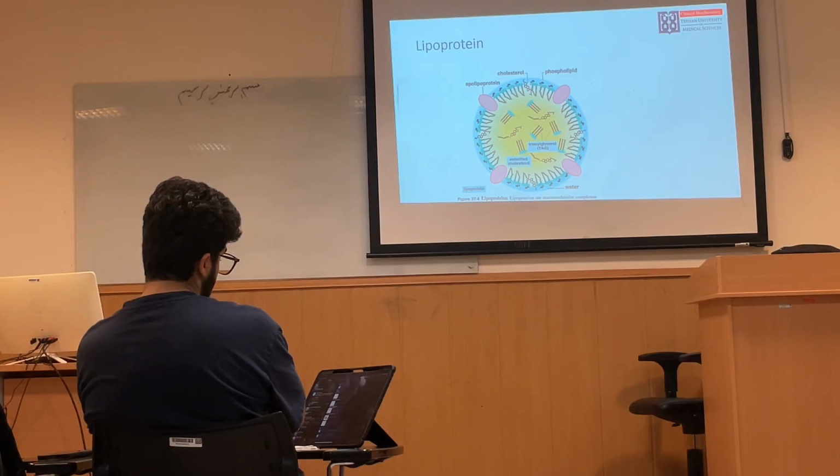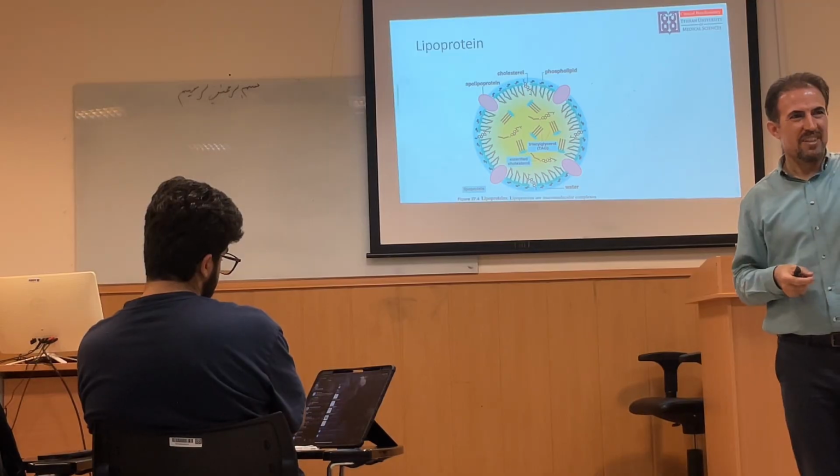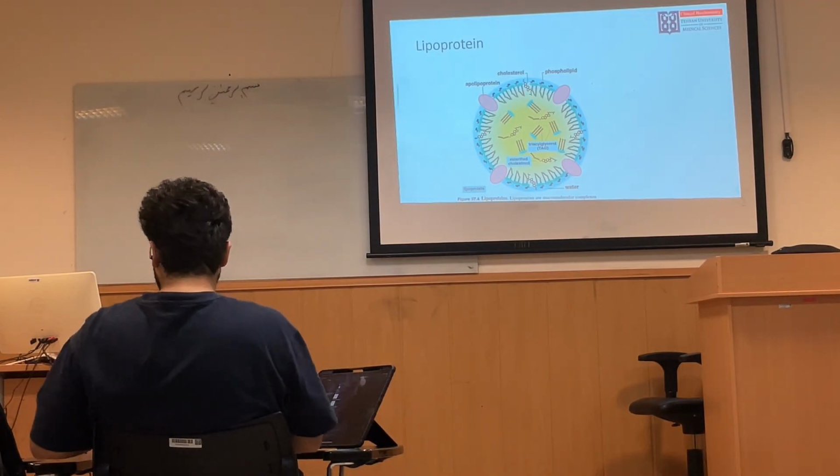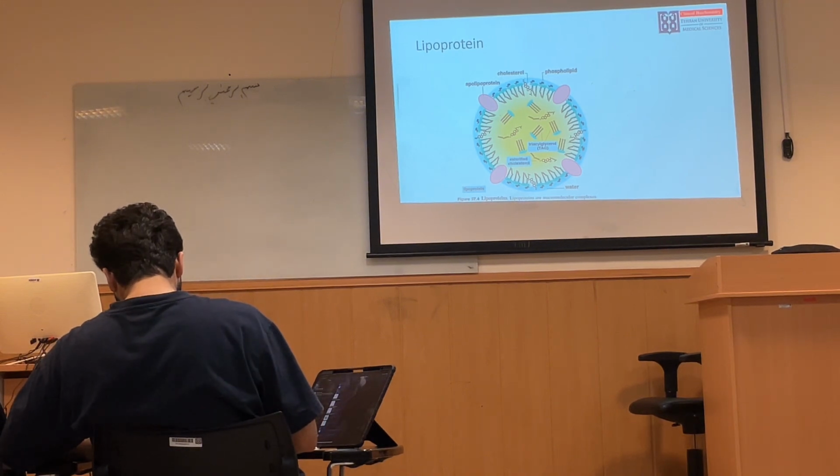For example, if you have a trolley, and let's say these lipoproteins are like trolleys, if they have a sign on it, some of them should go, let's say, to the lab. Some others should go to another place. These proteins help them go to different places.